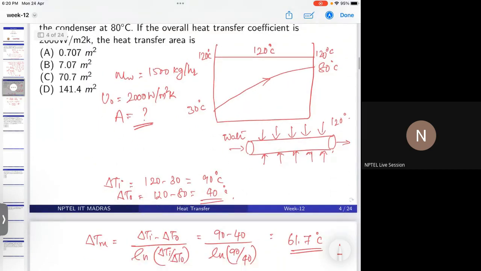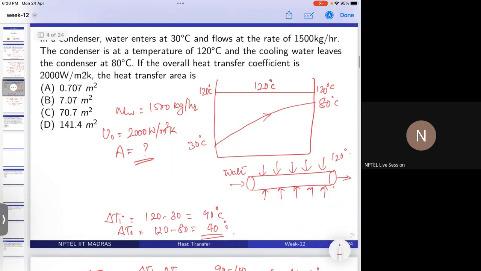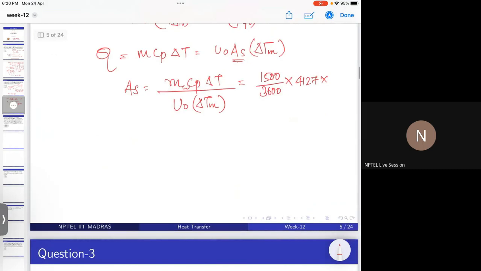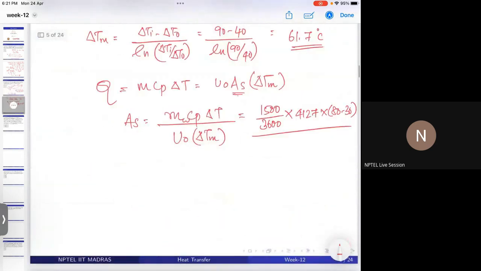Cp you can take as 4127. What is the temperature difference? 80 minus 30, which is 50, divided by the overall heat transfer coefficient 2000 into 61.7. So what is this answer? Can you please find it? 7.1.